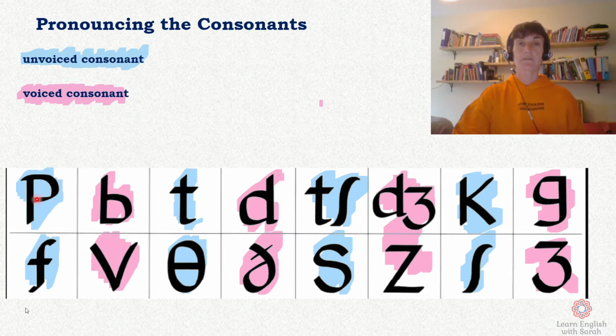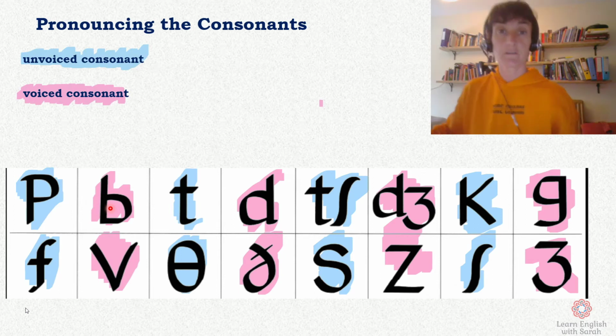So this one here is an example of a consonant that actually has no sound, it's just /p/. So you stop the air by closing your lips, /p/, /p/, /p/. This one, the throat moves, /b/.